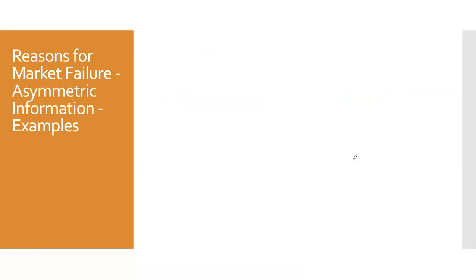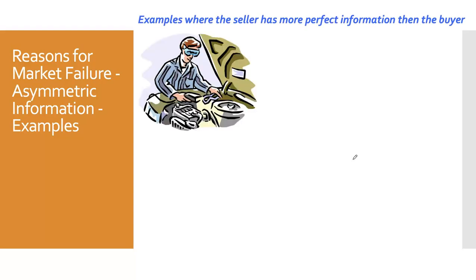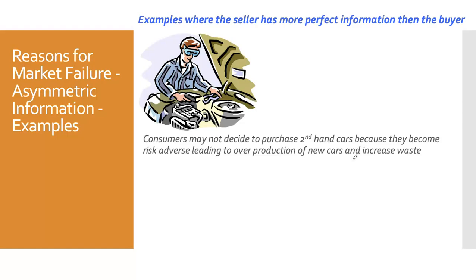What are some examples, specific ones? What are some examples, and we've touched on a couple, where the seller has more perfect information than the buyer? We might have a mechanic or a second-hand car dealership. Consumers may decide to not purchase second-hand cars because they become risk-averse, leading to overproduction of new cars and increased waste.